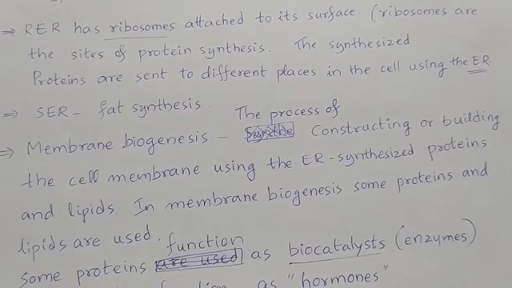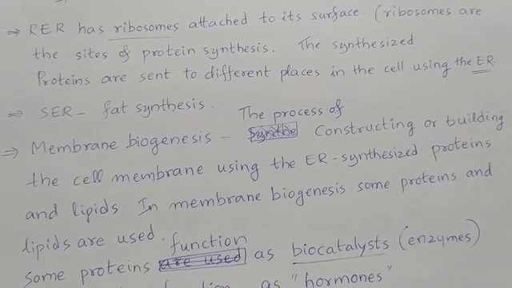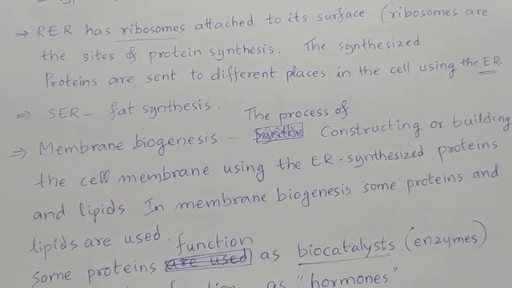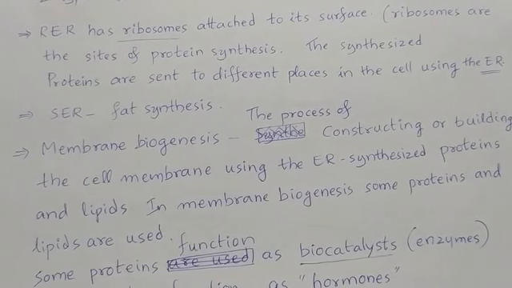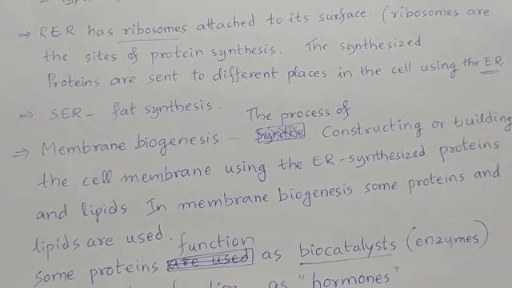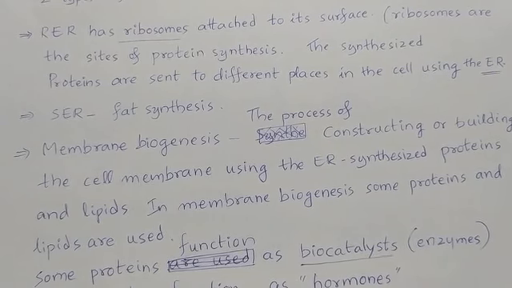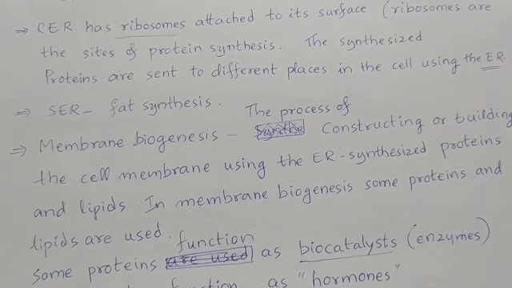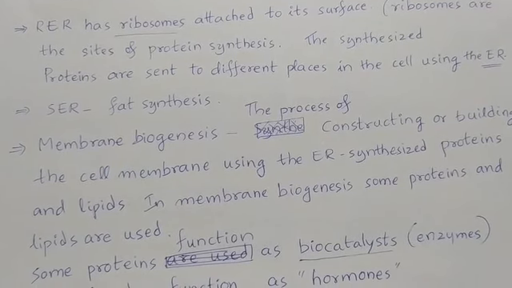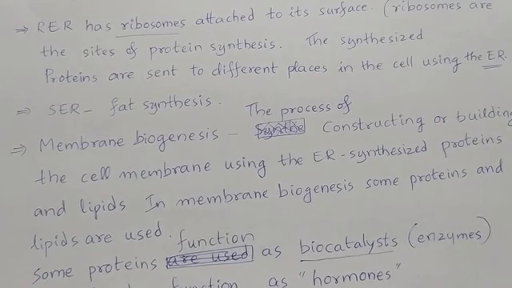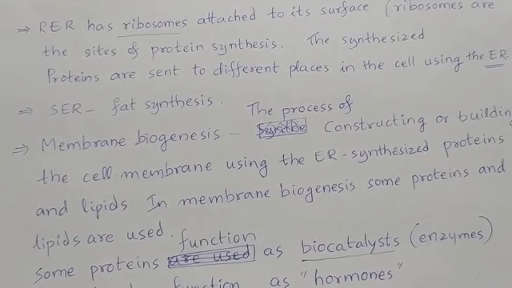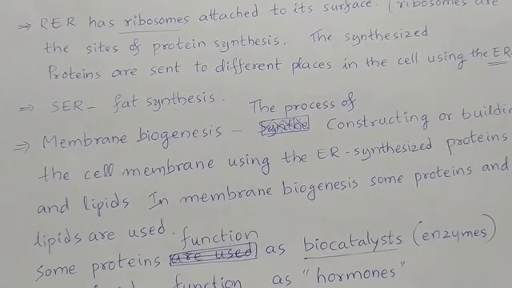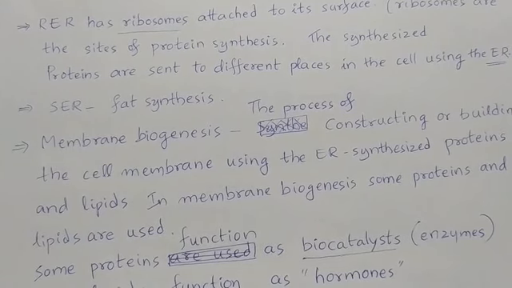We already have learnt that plasma membrane is constructed more of proteins and lipids. Taking that point into consideration, let us learn one definition. Membrane biogenesis. Genesis means creation. Living membranes creation.